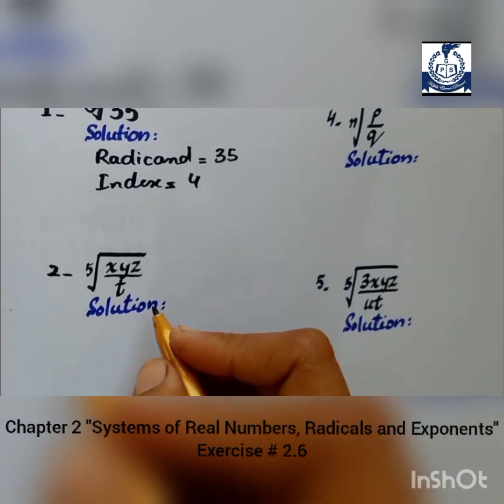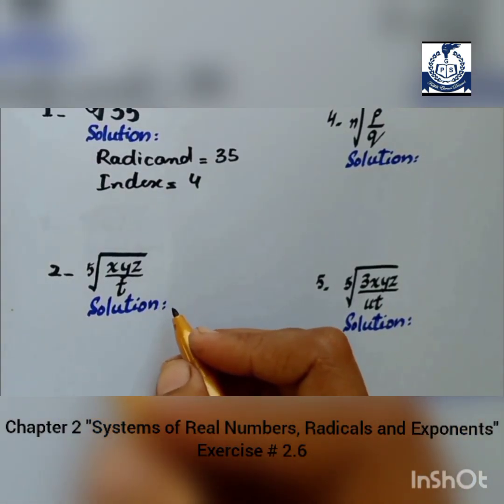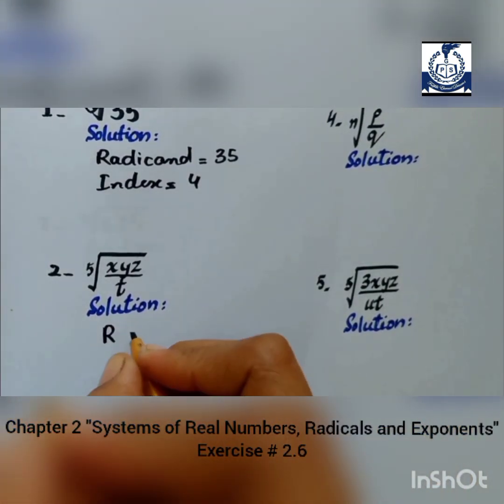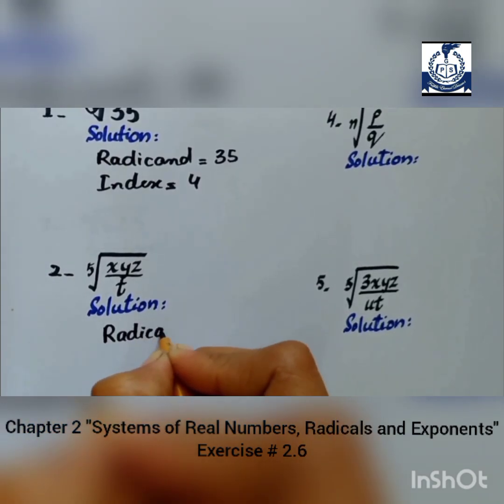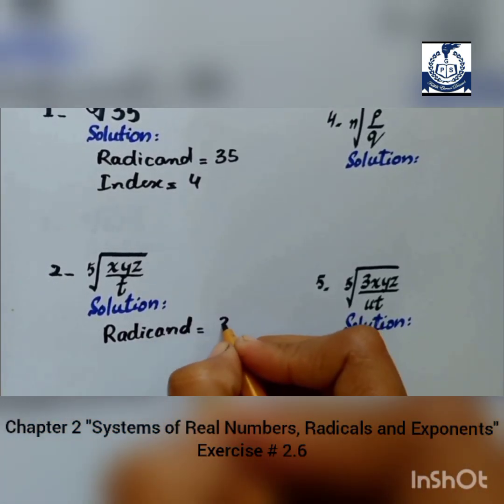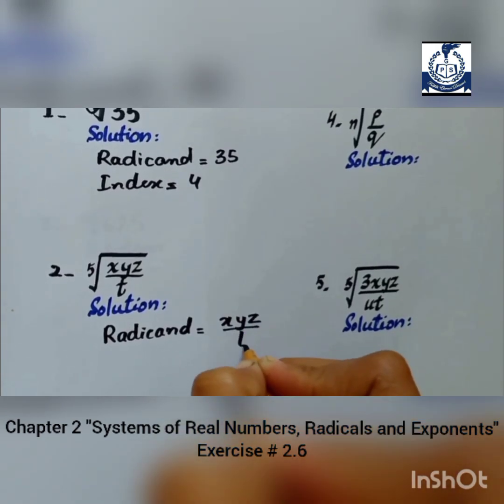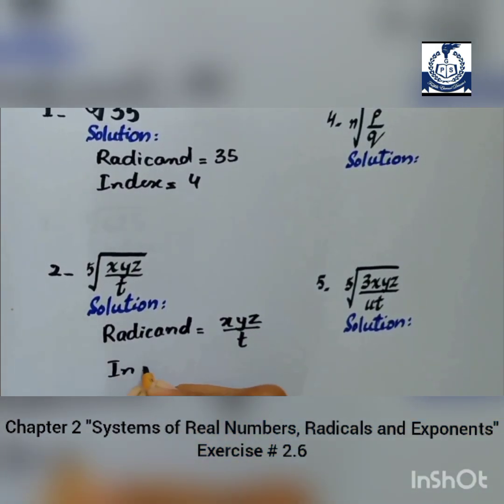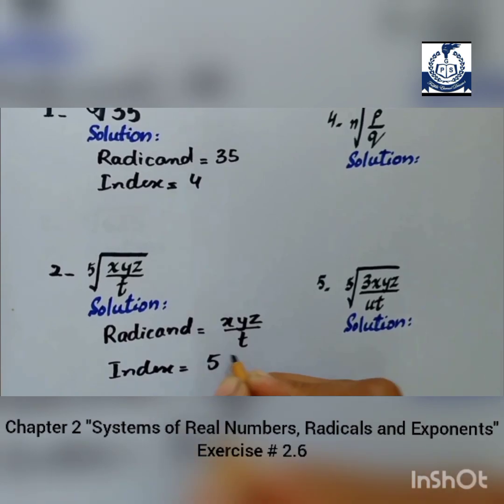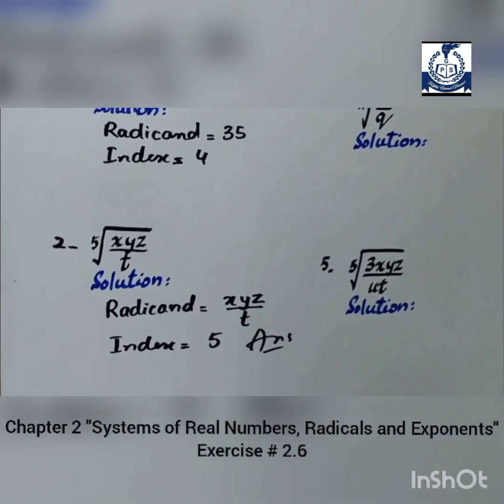Question number 2, fifth root of xyz upon t. So radicand is xyz upon t because this is written under the root, and the index is 5 because 5 is the power outside the root. Answer.